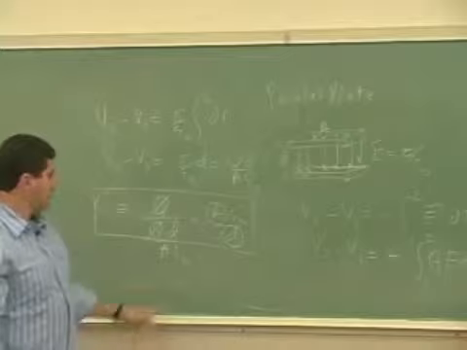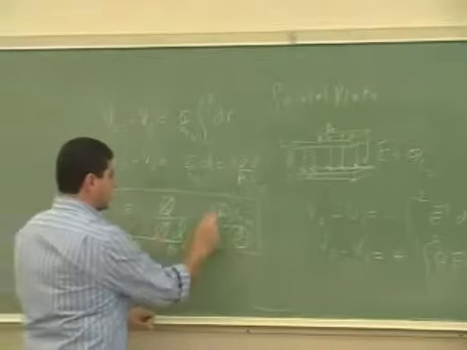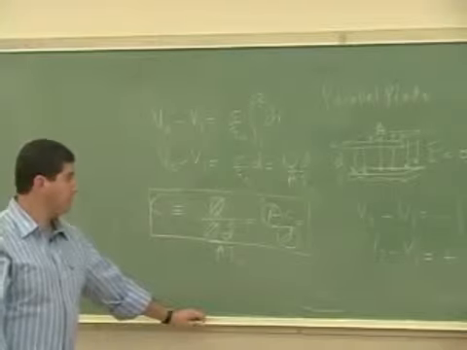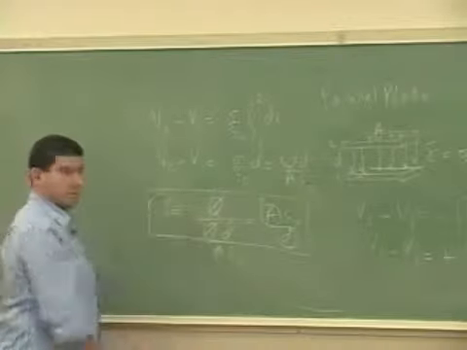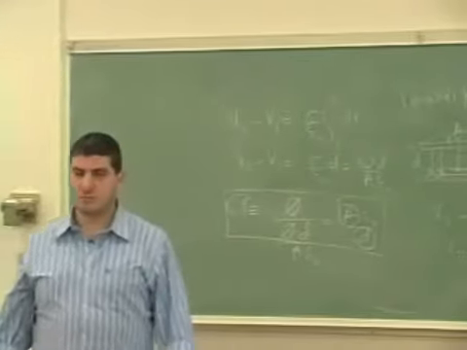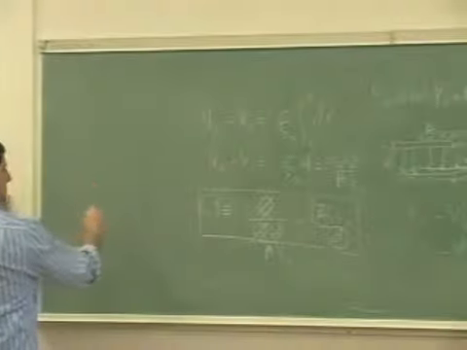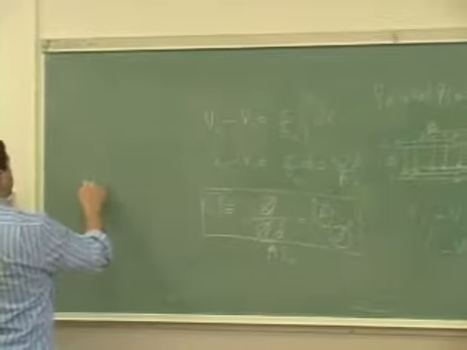Let's see if it makes sense. This is telling us if the surface area is bigger, then the capacitance gets bigger. In other words, let's say I have a 3-volt battery.